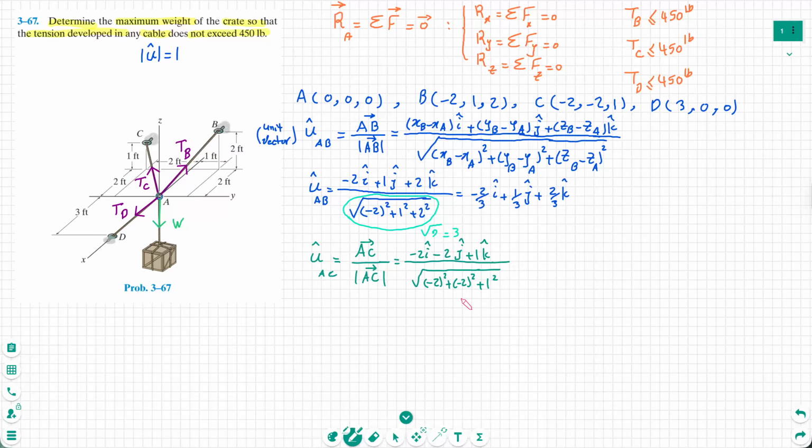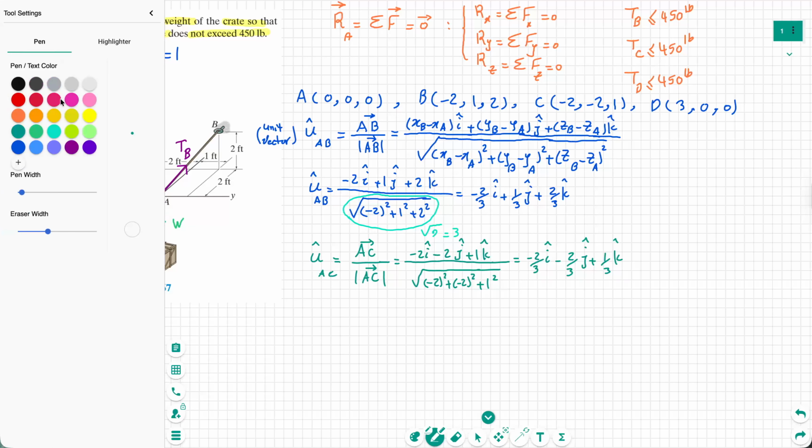So the denominator again is the same as 9, right? So the square root of 4 plus 4, 8 plus 1, 9. So simply you can write negative 2 over 3 i hat, negative 2 over 3 j hat plus 1 over 3 k hat.